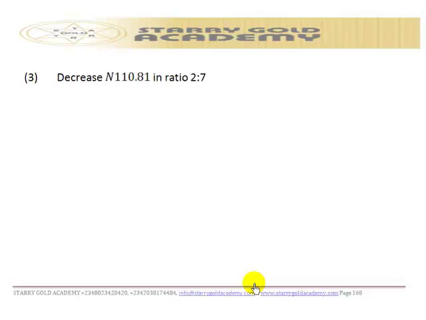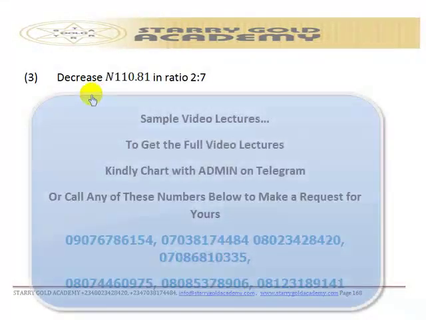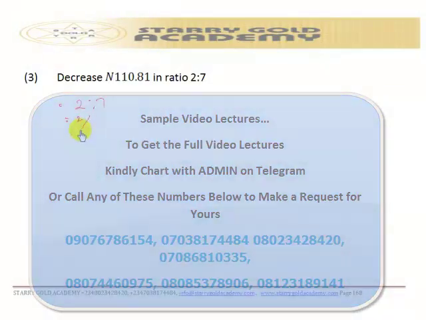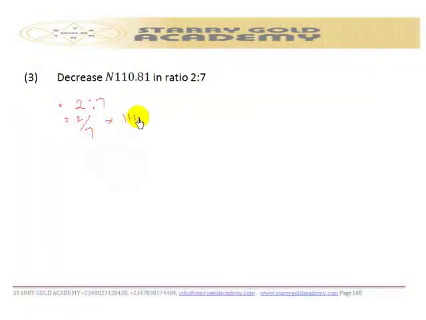Decrease 110 naira 81 kobo in ratio 2:7. I should decrease by this 2:7. So what I'm expected to do here is multiply; 2:7 is the same thing as saying 2/7, then times this.